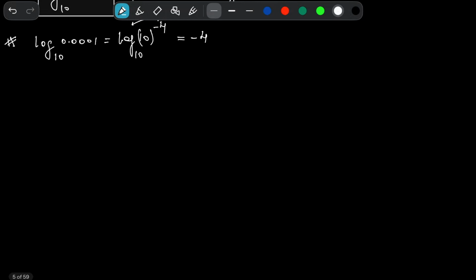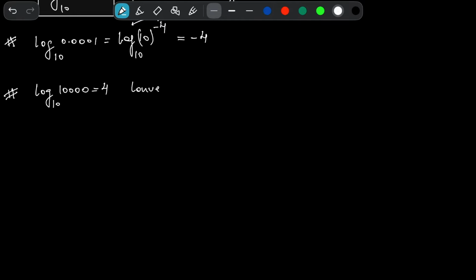We will do few more to consolidate our understanding based on logarithm. So here I'm doing one question. Let's say question says log of 10,000 with the base 10 is equals to 4.